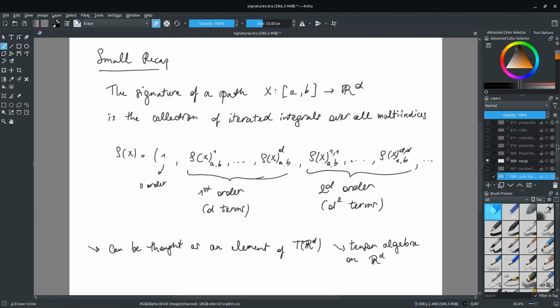To me, when I first looked at this, it felt a bit like the moments of a probability distribution. For a multivariate distribution I can characterize it in terms of the mean, then the covariance, and then maybe even some higher order terms.